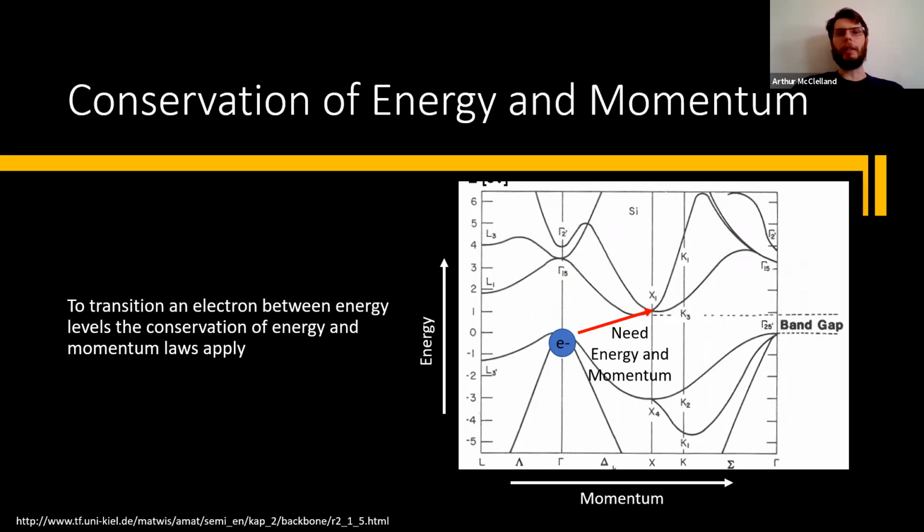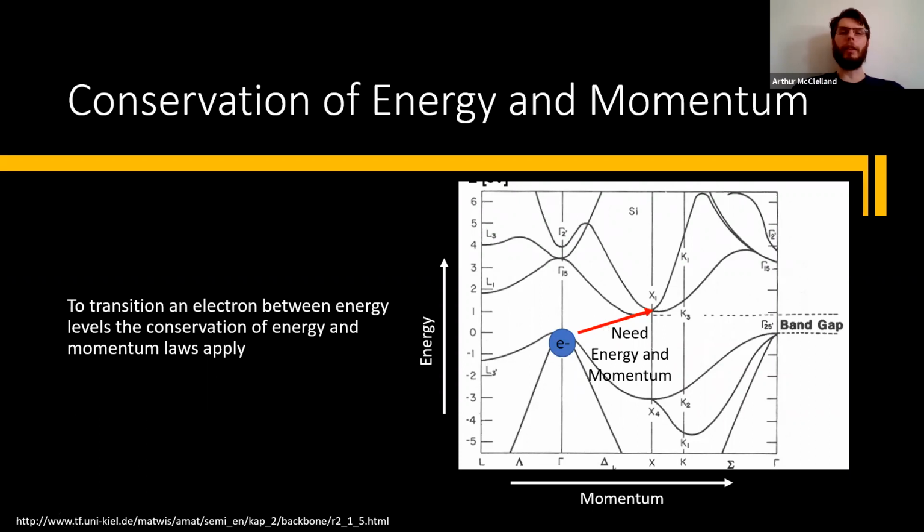But that vertical transition doesn't take it to the lowest position in the conduction band. The lowest energetic position is actually over here on the conduction band. But to transition the electron from here to there, we need a change in energy and a change in momentum.